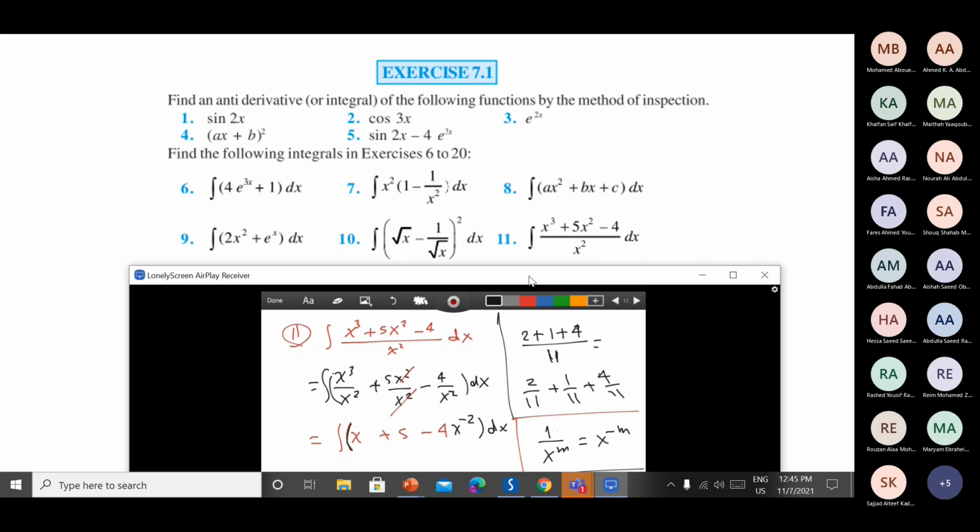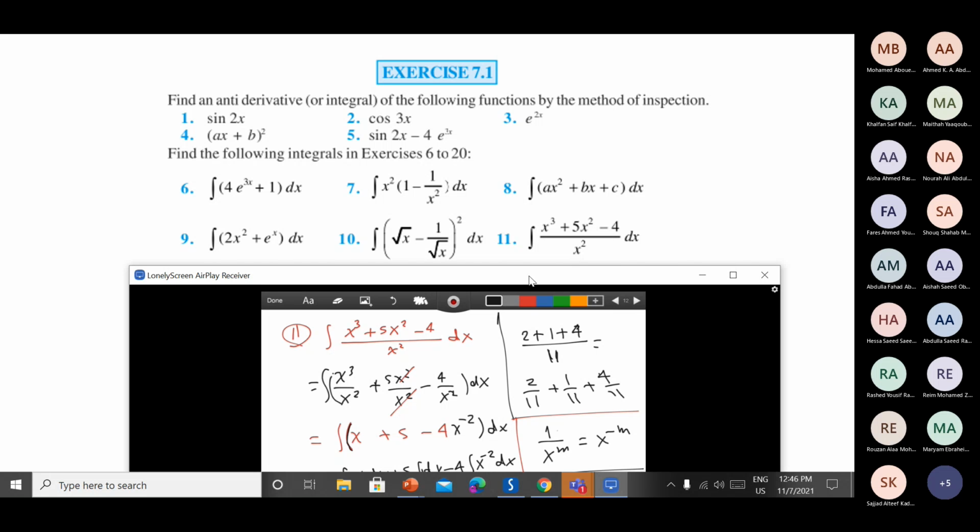Now I can distribute the integration, so I will integrate the first one, plus 5, the integration of dx, minus 4, the integration of x to the minus 2 dx. How to integrate the x? I add 1 to the power and divide by the new power. Plus 5, this is 1 here, if you like, or x to the power 0, so it will be 5x. The integration of dx is x.